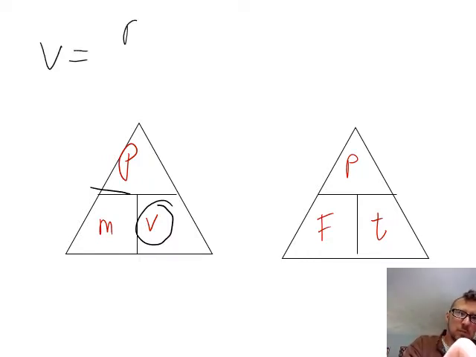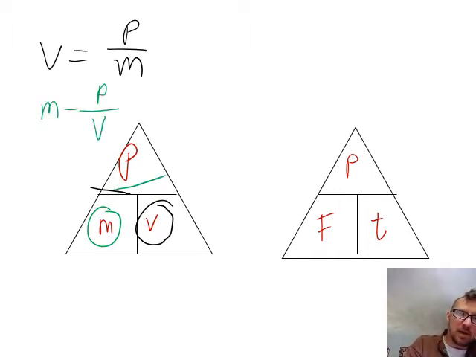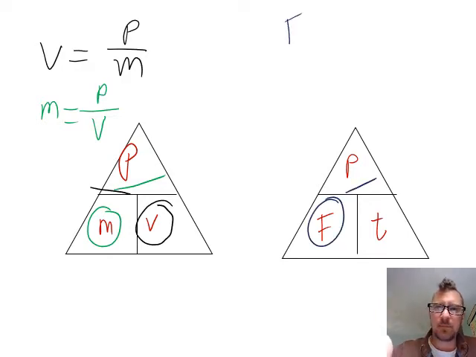If you are solving for mass, you have momentum above velocity, or mass is momentum divided by velocity, like that. The position of the triangle is very important. If you're solving for force, it's momentum over time.